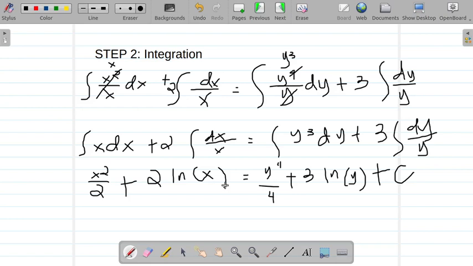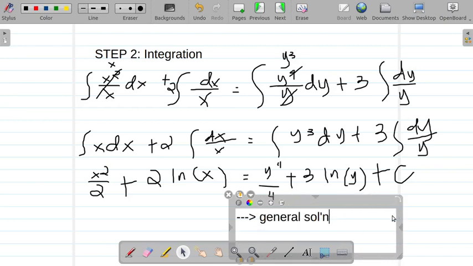Pero this equation dili na ni siya ma-simplify since ang x term diri o y term is not written in ln, kaning x squared over 2 y to the power of 4 over 4 is not written in ln, so mao ni ang iyang general solution. So this equation is now its general solution.